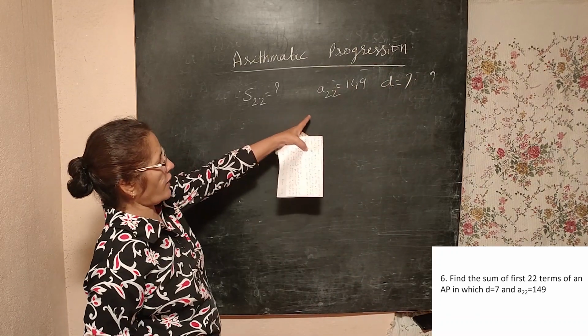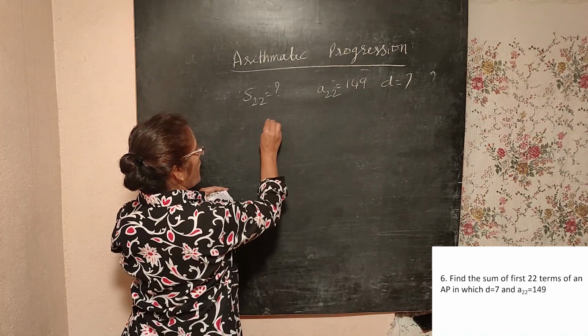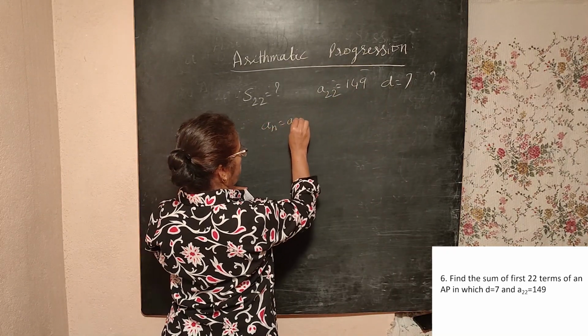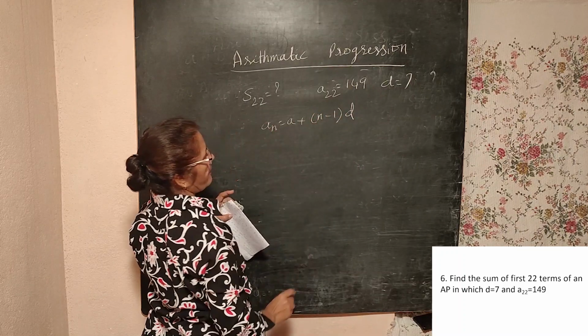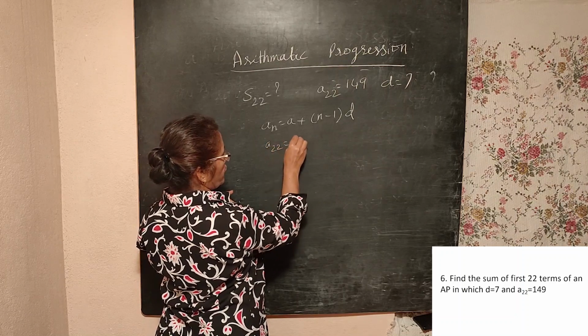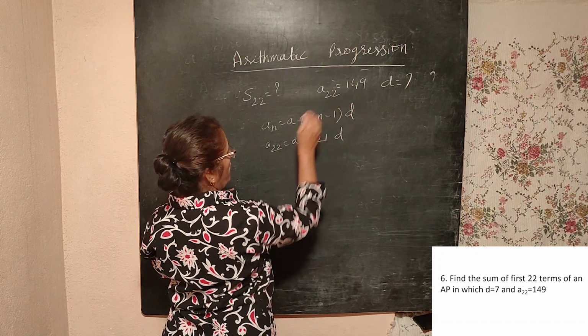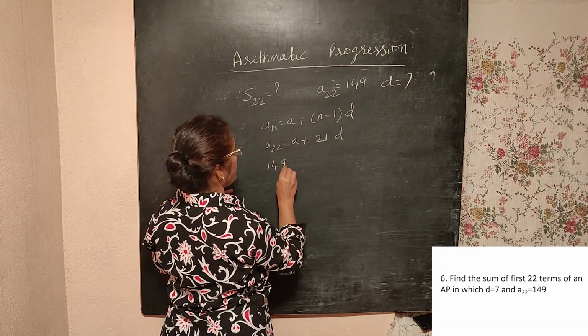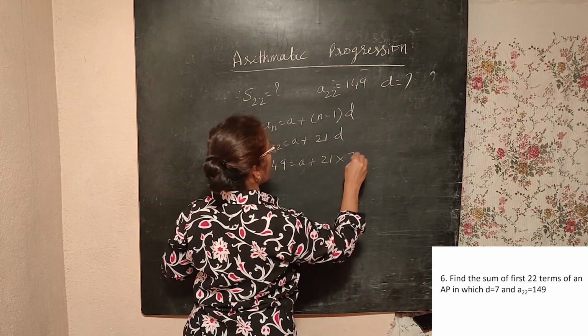Once I know A22 and the common difference, I can use the formula An is equal to A plus (n minus 1) into D and I can find out A. A22 is equal to A plus 21D. So 149 is equal to A plus 21 into 7.